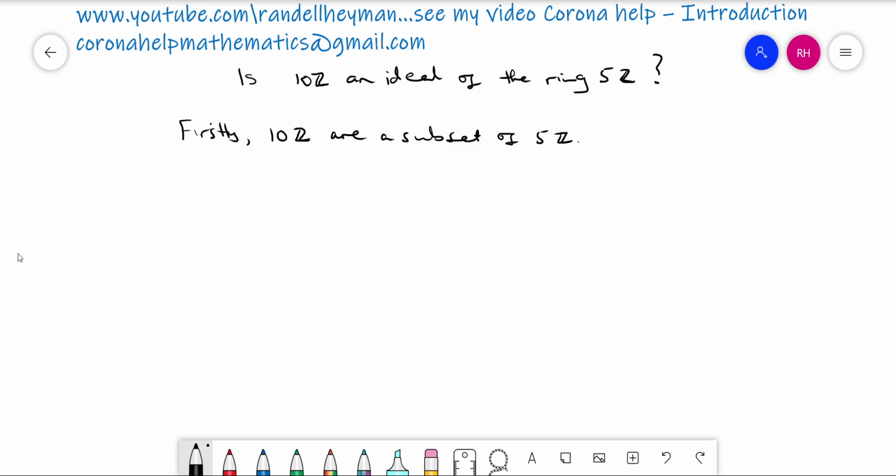I don't know that I need to really prove that, but if you want me to prove anything I don't prove, just comment or send me an email. Next, we require that the subset is non-empty, and normally for something reasonably easy like this, you can just say 10Z is non-empty. Of course, you could combine the first two by just saying 10Z is a non-empty subset of 5Z. If you want to do that, that's fine.